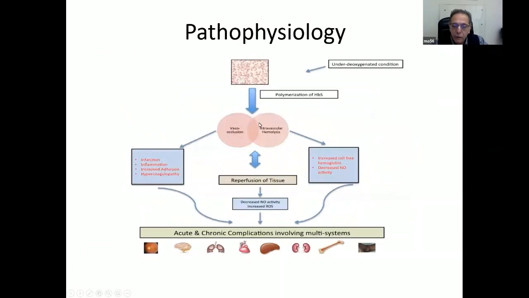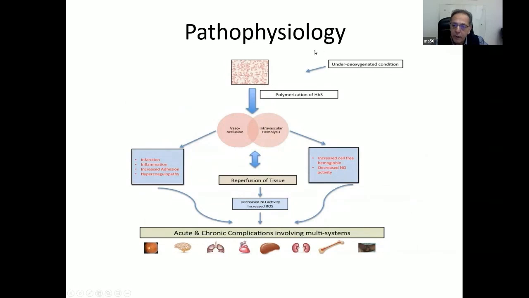The vaso-occlusion and intravascular hemolysis that result from polymerization of hemoglobin S are responsible for infarction, inflammation, hypercoagulability, increased free hemoglobin, decreased nitric oxide, and these lead to acute and chronic complications involving multi-organ systems.